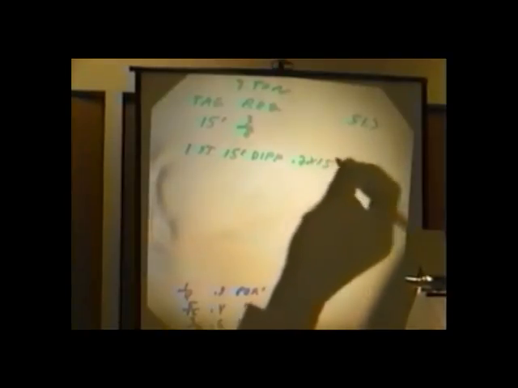So the first 15 feet, which is all we're working with, the difference should be 0.2 times 15. Let's see, that would equal what? Is that 3 ounces? 3 ounces, correct.